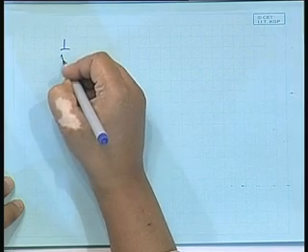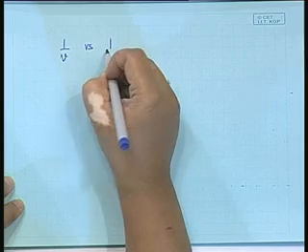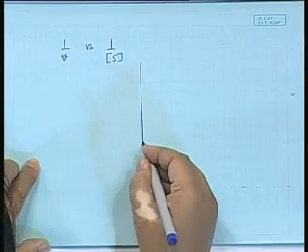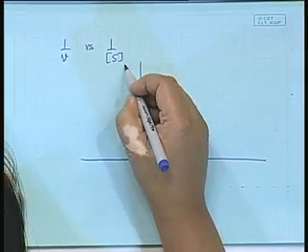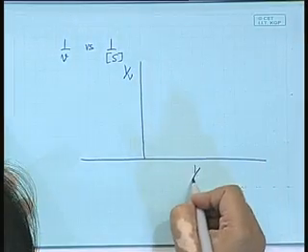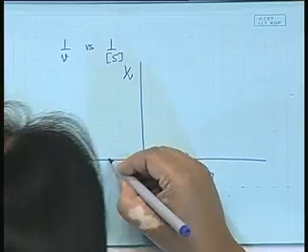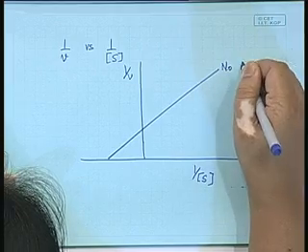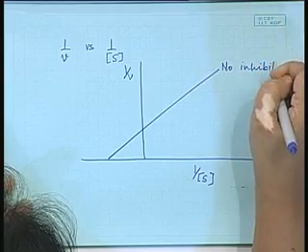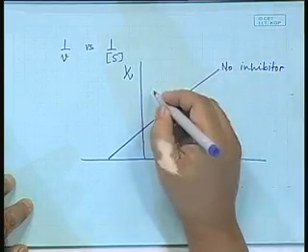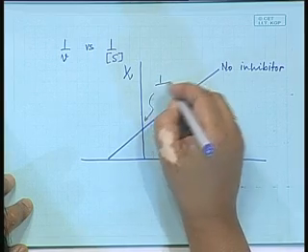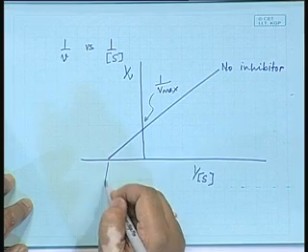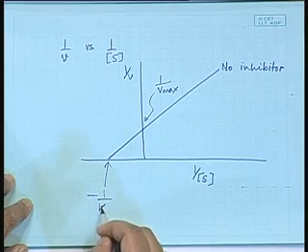So, I have now 1 by V versus 1 by S. What is this? No inhibitor. What is my y-intercept? 1 by Vmax. What is this? Minus 1 by Km.